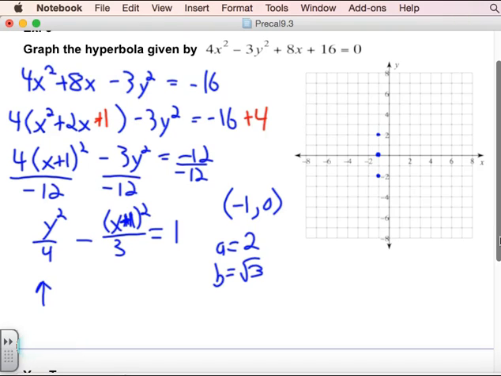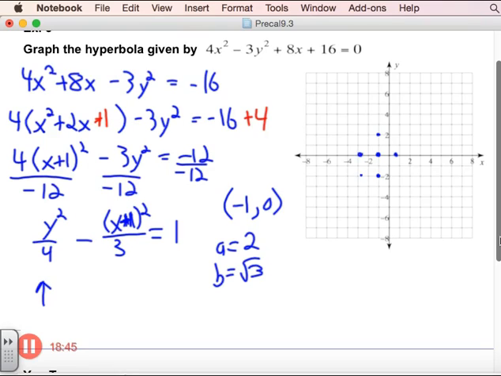I think it's like 1.4, 1.7. Let me do it real quick and make sure. The square root of 3 is 1.7, yeah. So we go about 1.7 along the x-axis from the center, somewhere around here, and 1.7 in this direction, somewhere around there.